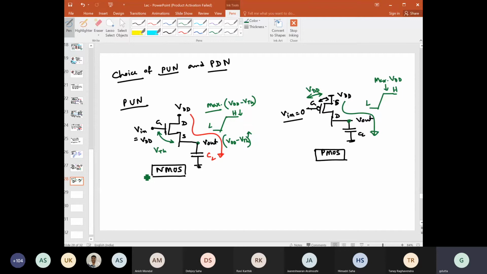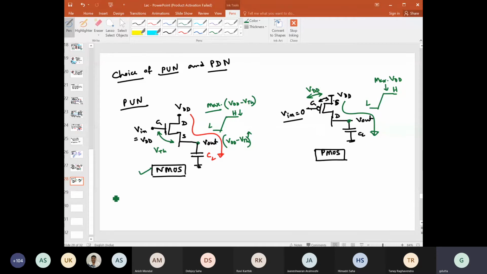You understood? If we use NMOS as a pull-up network, it will still be able to charge this capacitor, but the maximum voltage will be one threshold voltage below the supply voltage. Whereas for PMOS, this issue will not be there.